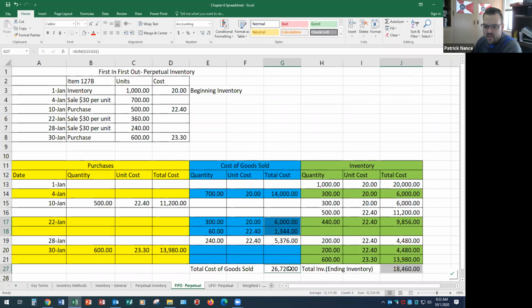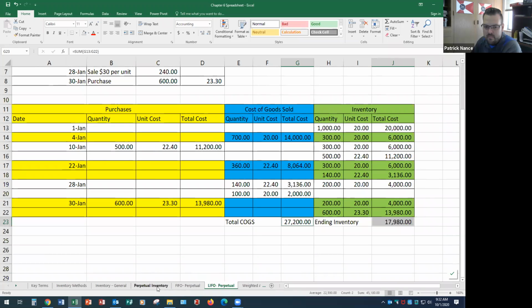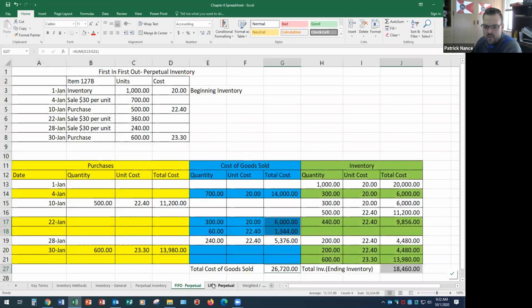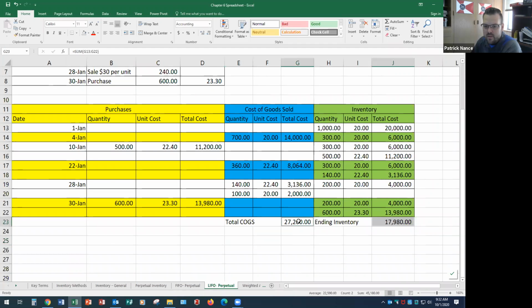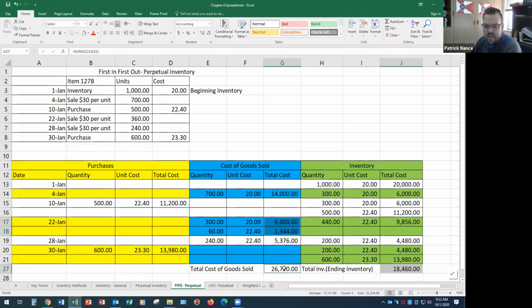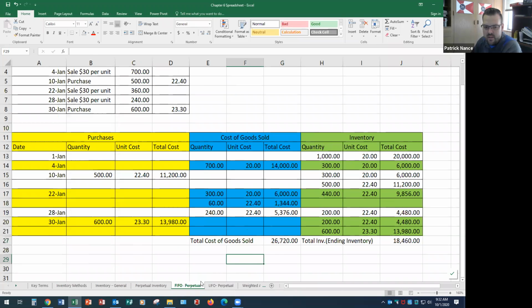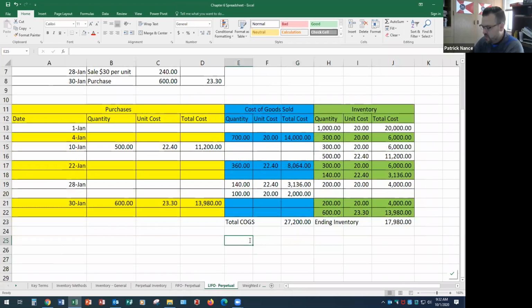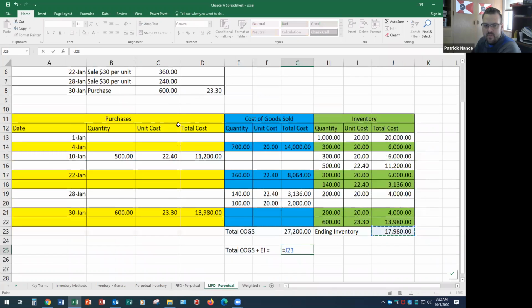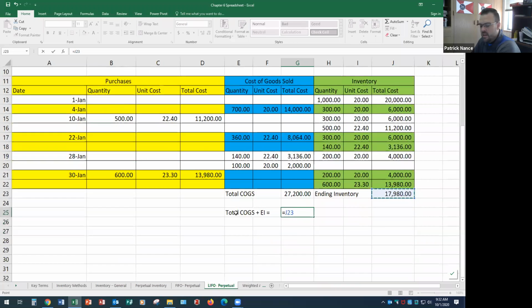Now, these add up to $45,180. I want you to notice that the total cost of goods sold plus the ending inventory is going to be the same either way, whether I'm using LIFO or FIFO, because I'm using all the same sales.